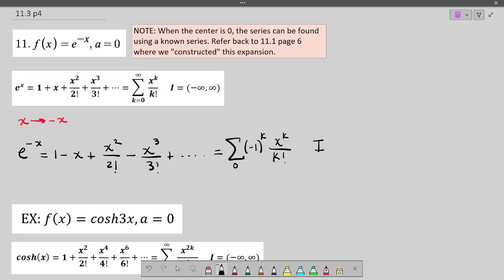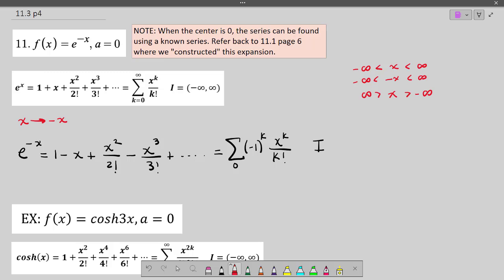And we have to do the same thing in the interval of convergence. The original interval of convergence said that x was between negative infinity and infinity. Well, if you replace x with negative x, does that change anything? You multiply by negative 1, and of course you have to switch the signs, and the inequalities bounce the other way.